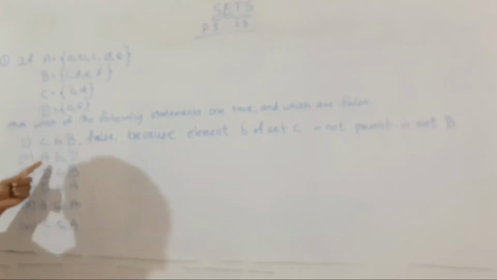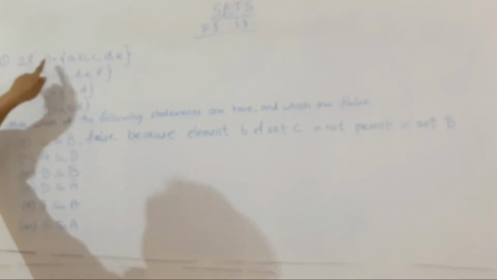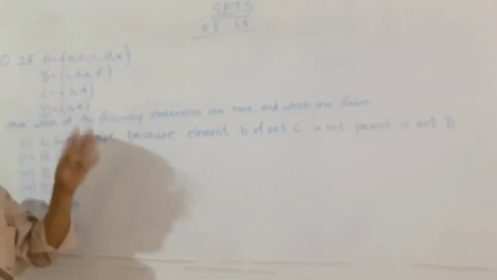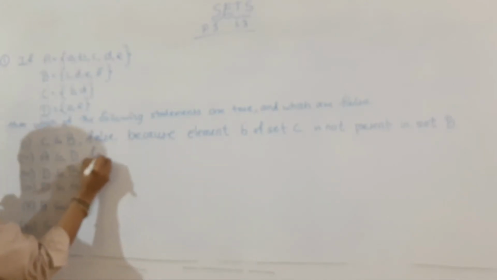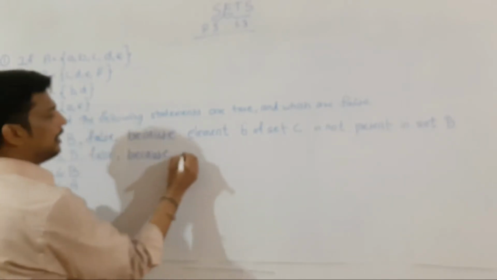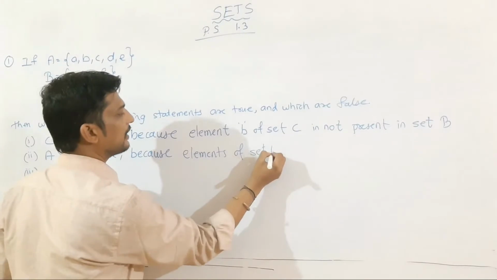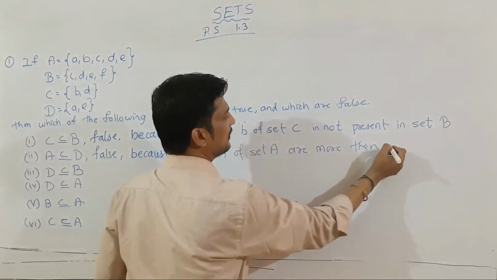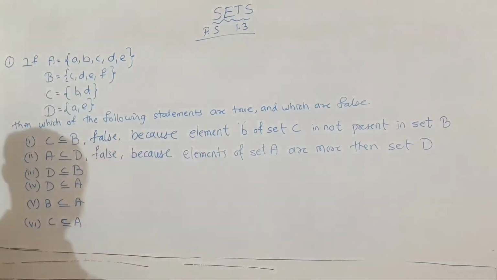Now they have asked, is it true or false, A is a subset of D. So I am comparing A and D. Since A has 5 elements, 1, 2, 3, 4, 5, and D has only 2 elements, from this we can identify that A is not a subset of D, isn't it? So I am going to write this as false, because elements of set A are more than set D.